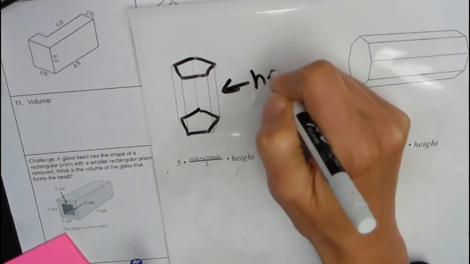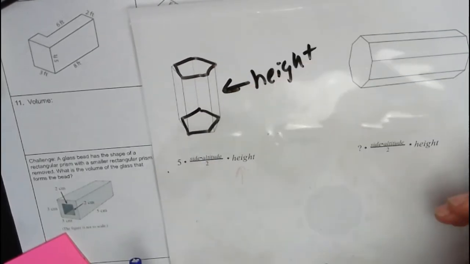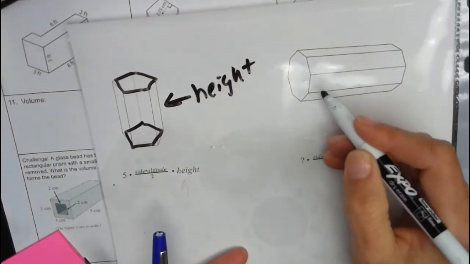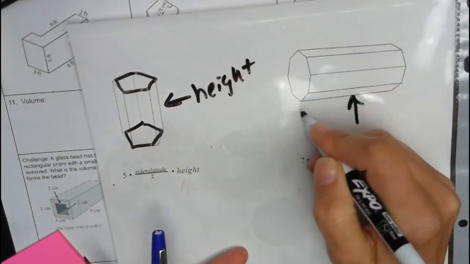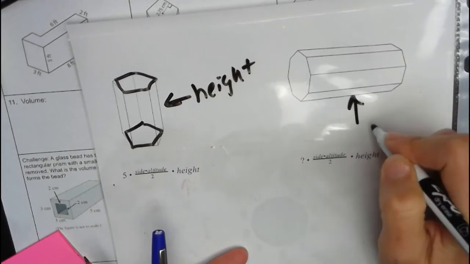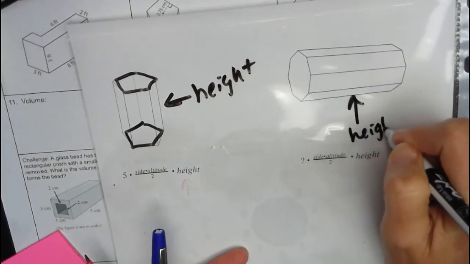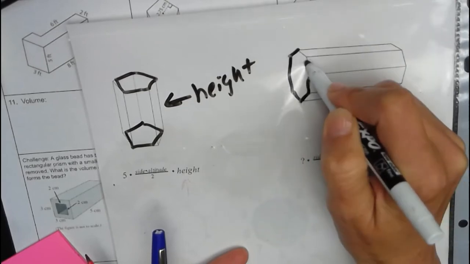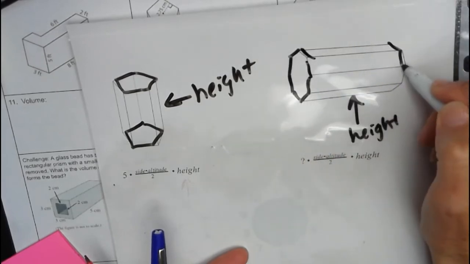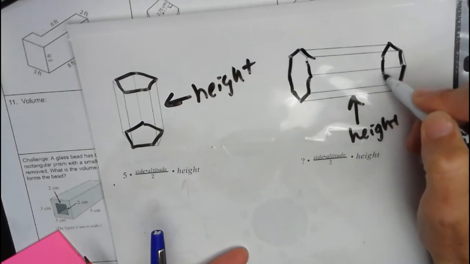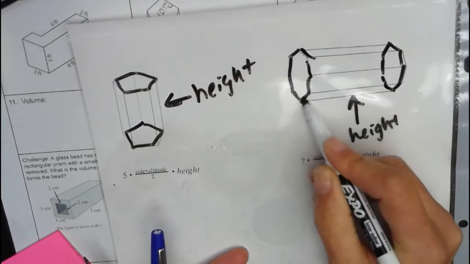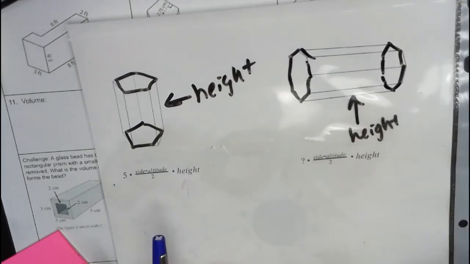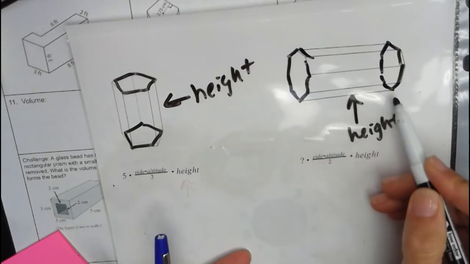So this one is pretty obvious that this would be the height. But when they flip the figure, it's a little bit harder to realize that this dimension here would be the height, because it would be the distance from, I guess this looks like an octagon, from that octagon to this octagon too. The face that names the figure is the bases of it. So the height would be the distance from there to there.